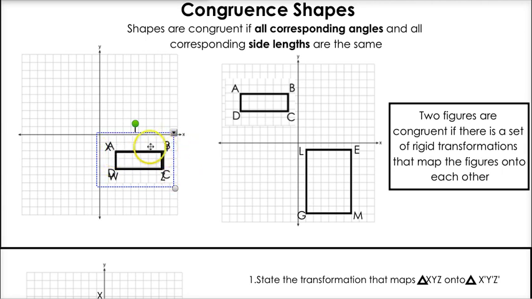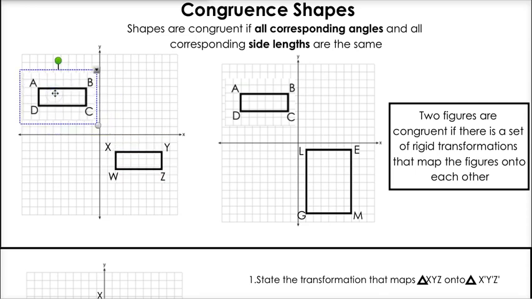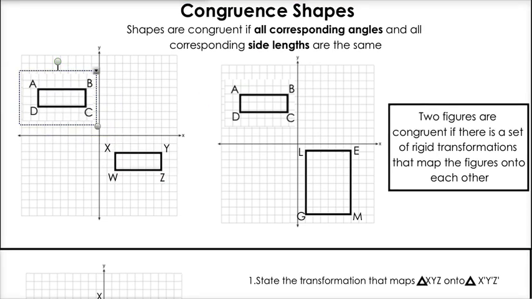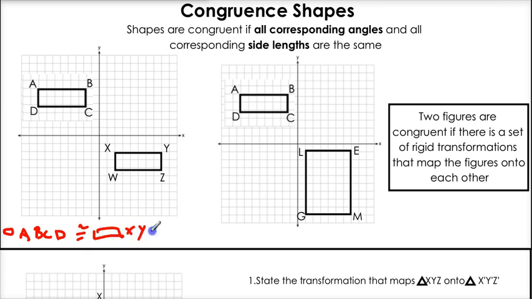So since they do map right on top of each other, I know that rectangle ABCD is congruent to rectangle XYWZ. And I used a rigid transformation, so I didn't change the angles or the sides, so they must be the same.